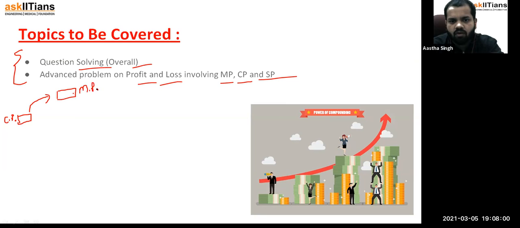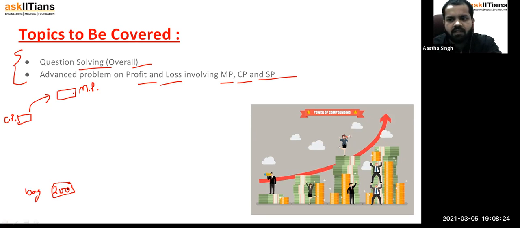Market price is what? For example, suppose you have bought a bag. The bag was bought for rupees 200. So this was the cost price of your bag, like the bag was manufactured for rupees 200.